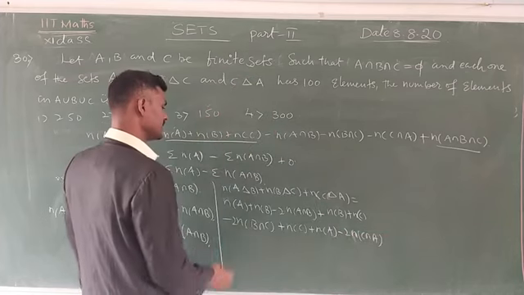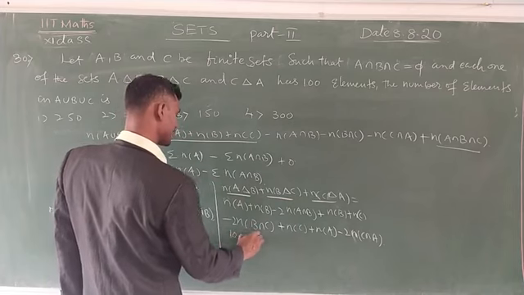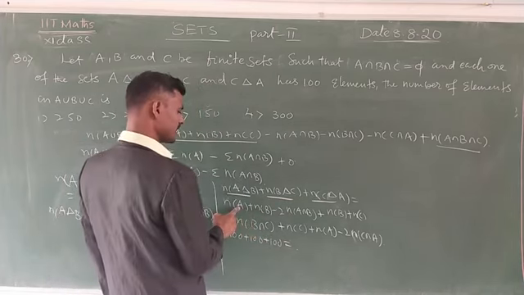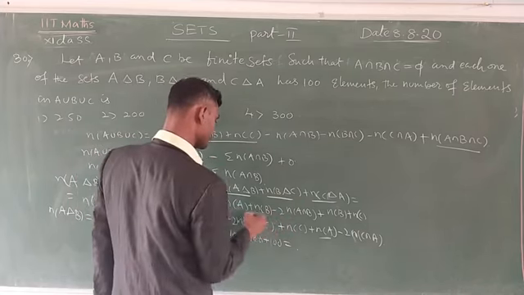Now see here, this is 100, 100, 100. 100 plus 100 plus 100 is equal to, here n of A, how many times has it been given? Here 2 times, n of A here also 2 times.